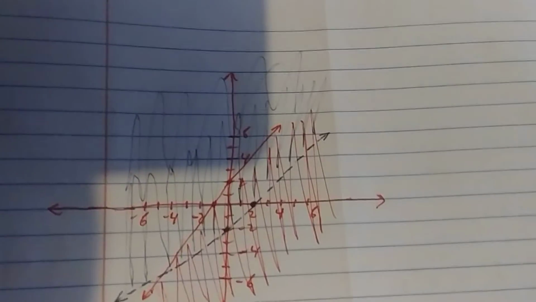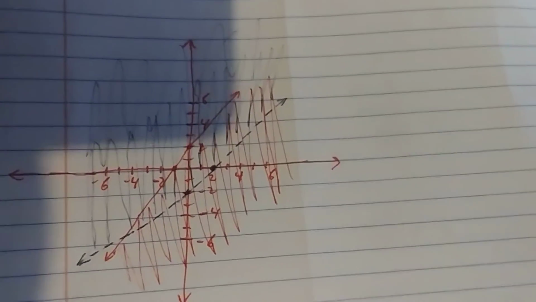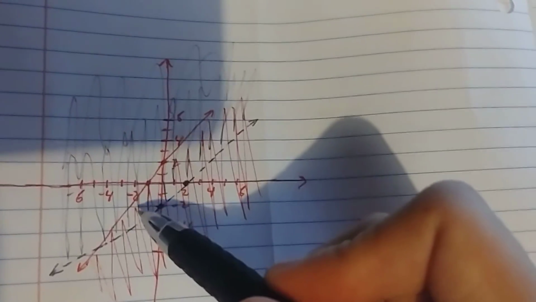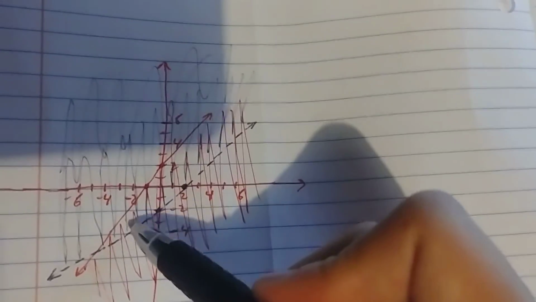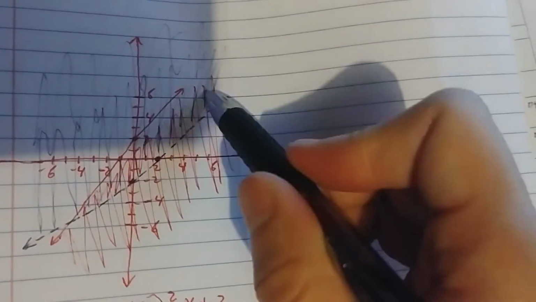This is the product that you get when you graph by hand. And the answer is everything that is shaded that has both black and red. So the answer is going to be everything between these two lines. But it depends on the sign.